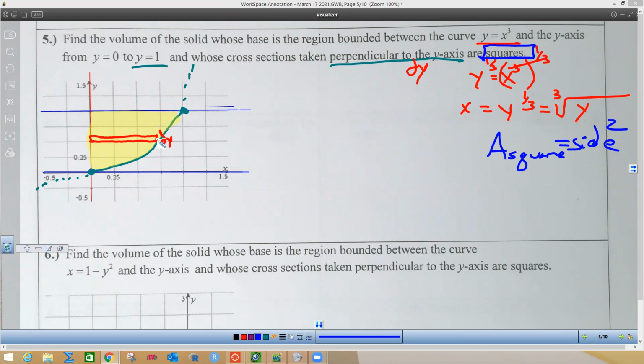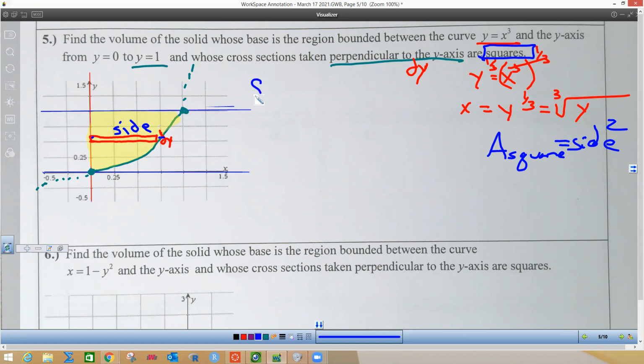So what that tells me is this length right here, this red side, from here to here is the length of the side. So how do I get a length here? What did we do when they were dy problems in area? Does anybody remember what we did to get the length? We did what minus what? Right minus left. We're doing the same thing here.